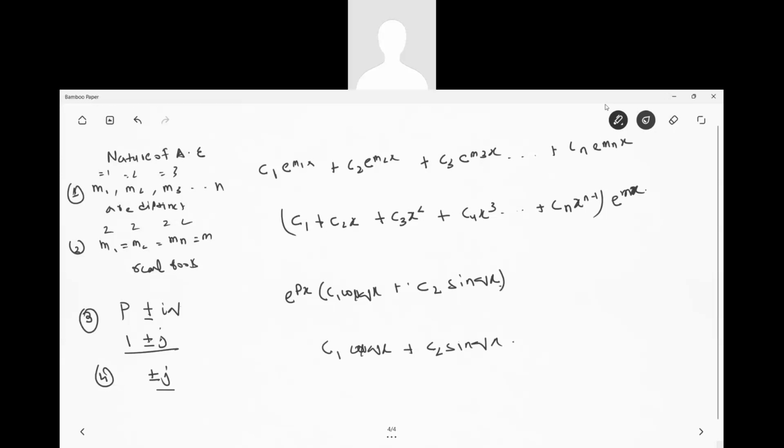And the next case is when you are getting a pair of complex roots.